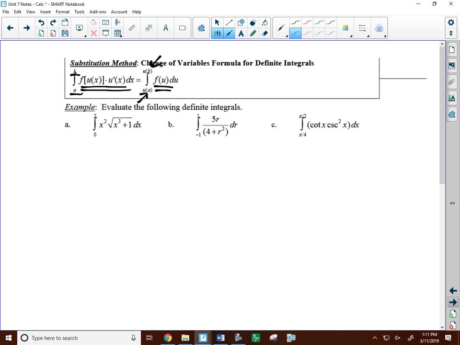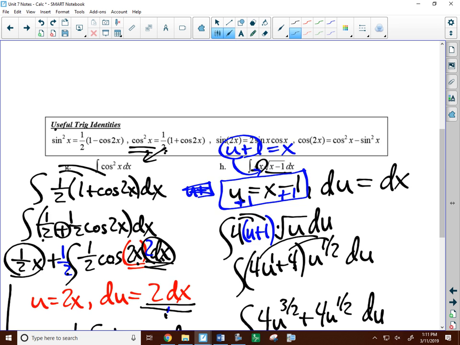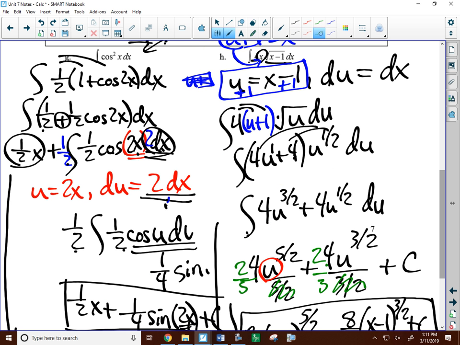So you can see there it says u of a and u of b. Basically, the only change with this is whatever I called u, like u was x minus 1 here, I would plug in whatever these numbers are for x and get new lower and upper limits in terms of the variable u.